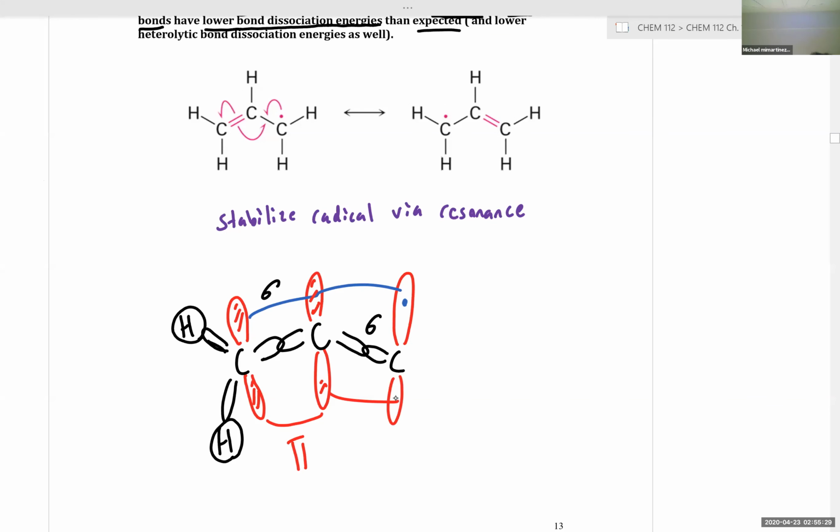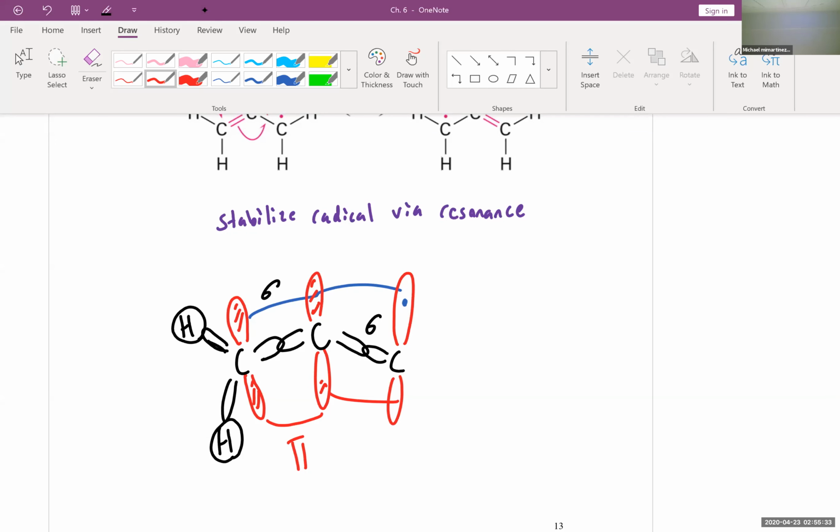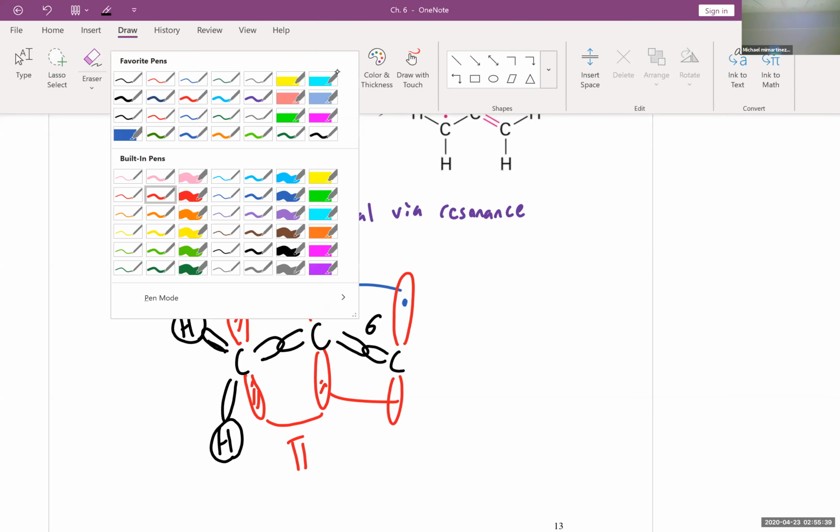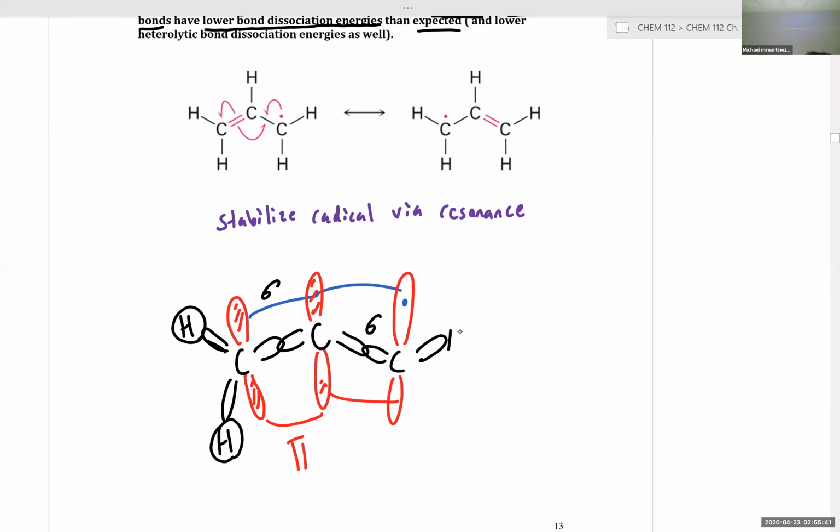So essentially we're distributing our radical character throughout all of our carbon atoms, which is stabilizing this electron deficient carbon.